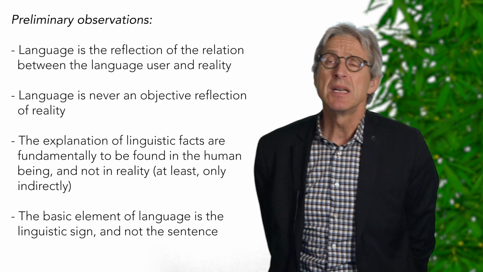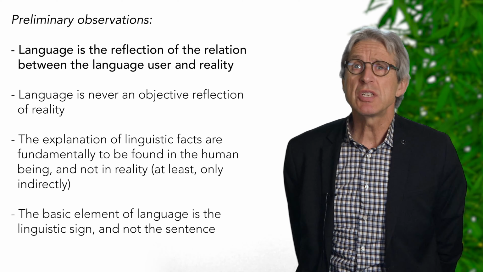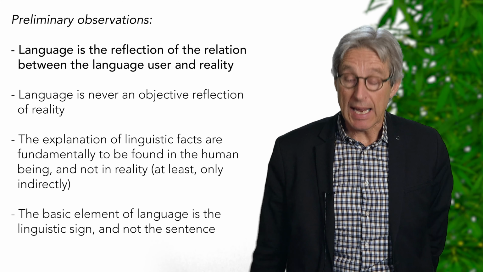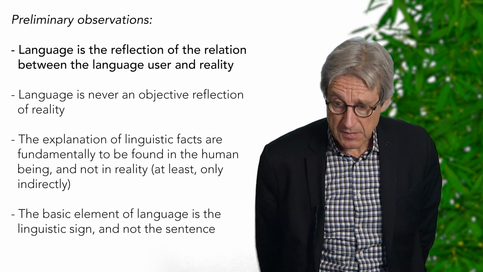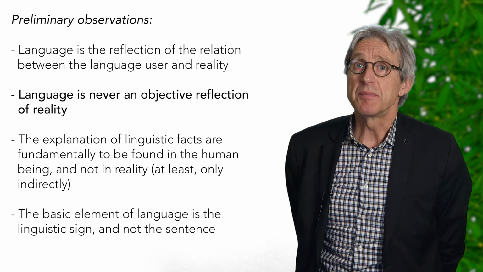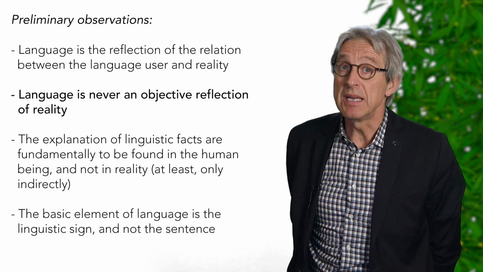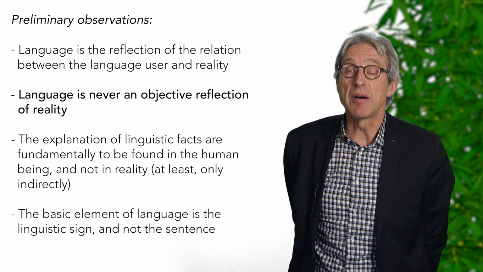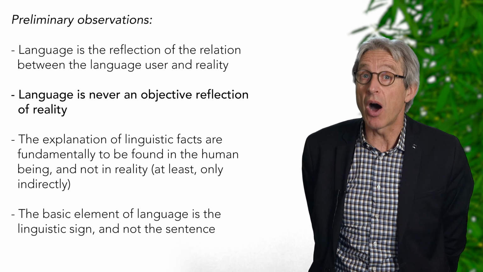In the first place, in our view, language is the reflection of the relation between language user and reality. This means that language is never an objective reflection of reality. It is the reflection of the vision the language user has on reality.